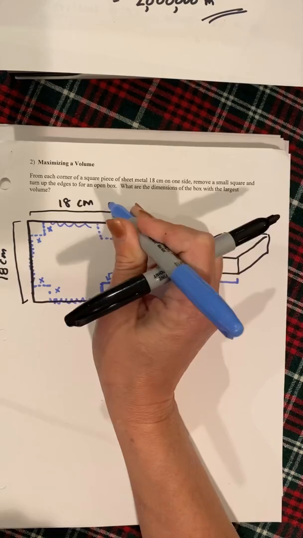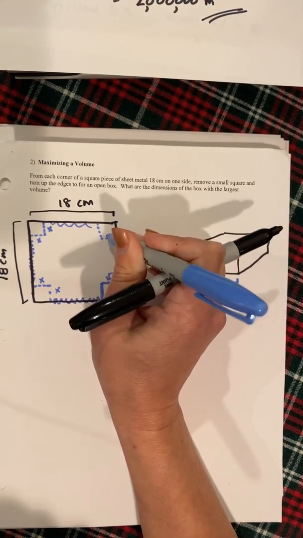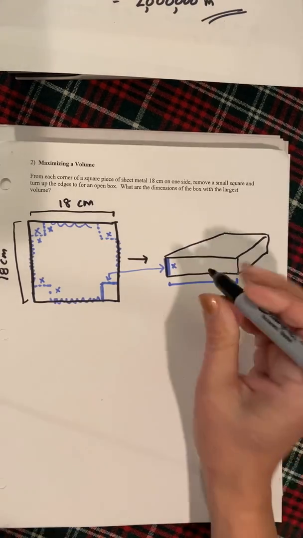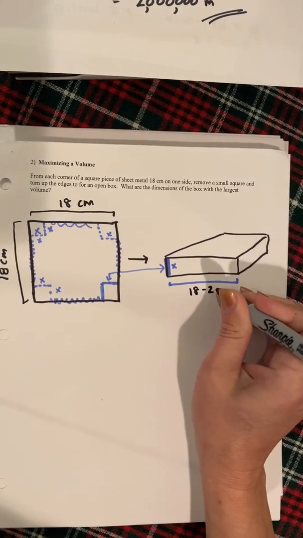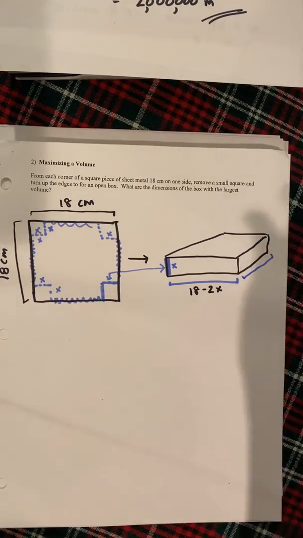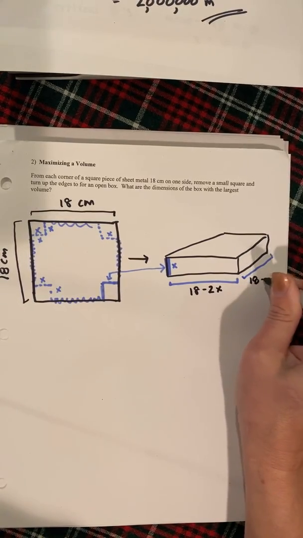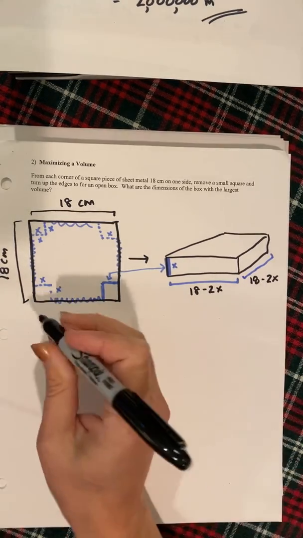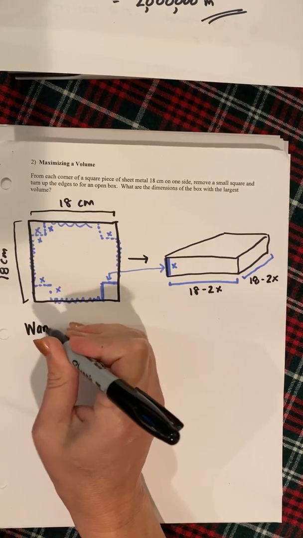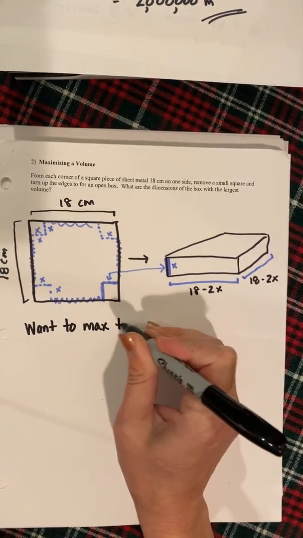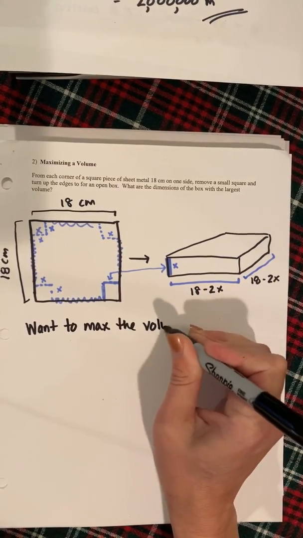So if we take 18 centimeters and we cut X out of each corner, this is going to be 18 minus 2X. And that's also going to be the length of the box because we started with a square piece of material. So we want to maximize the volume of the box.